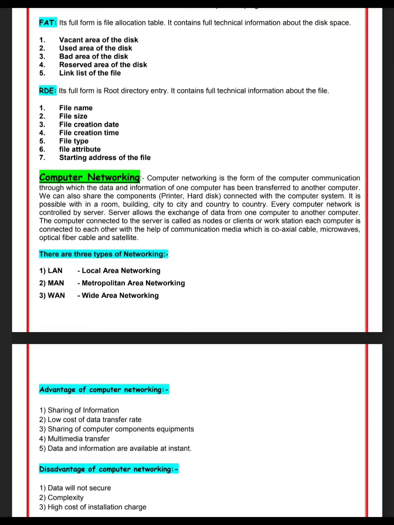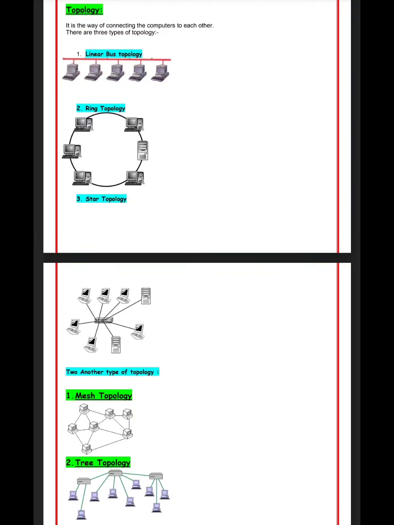Topology: it is a way of connecting the computers to each other. There are three types of topology: linear bus topology, ring topology, star topology. Other types of topology: mesh topology, tree topology.